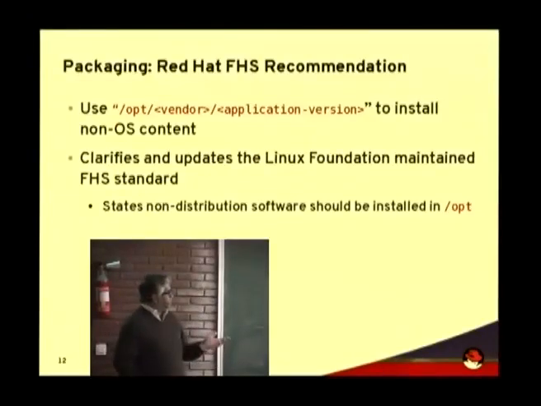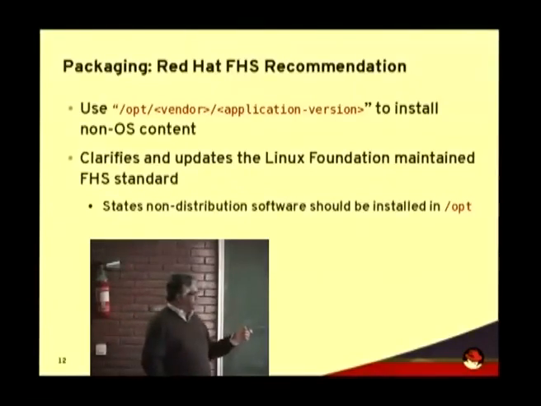So we looked at creating 2-level identification strings. One is the vendor, and the second one is an application and a version. So I could do an install of an application that is Red Hat compiled using an RH tag for vendor, and then an application version.